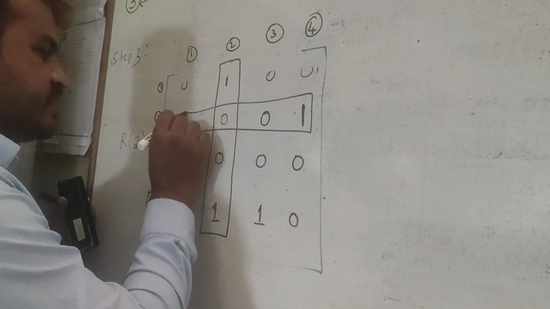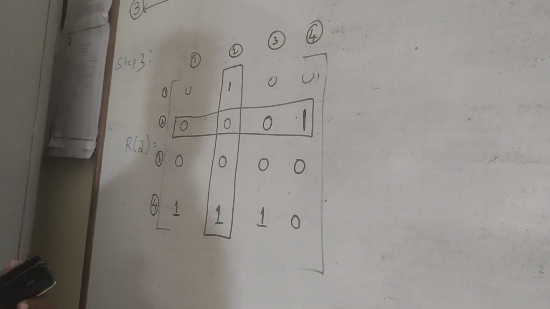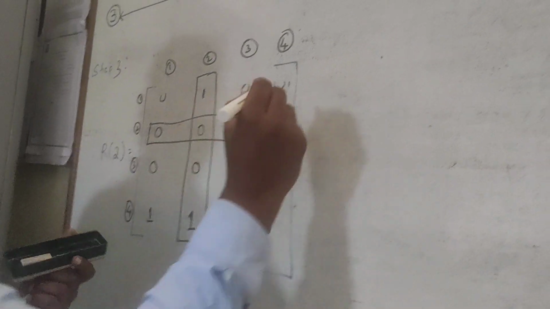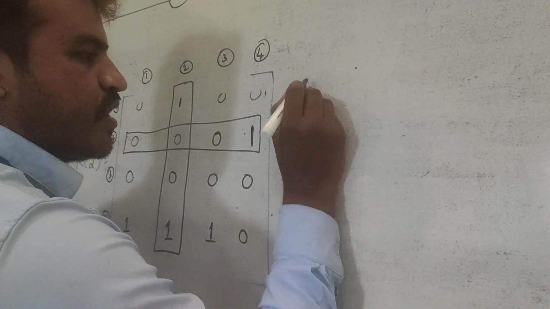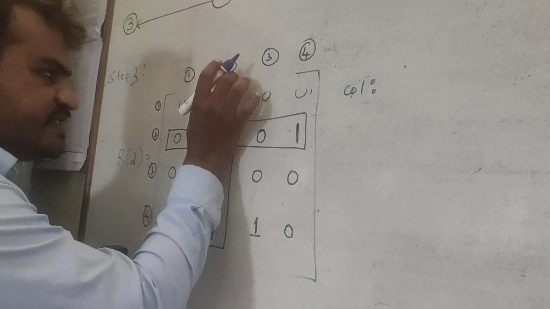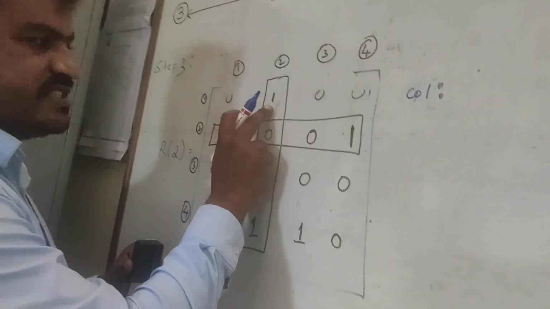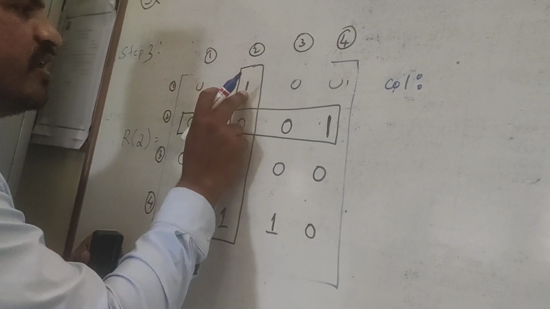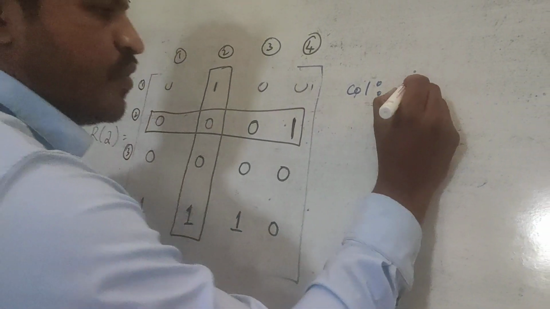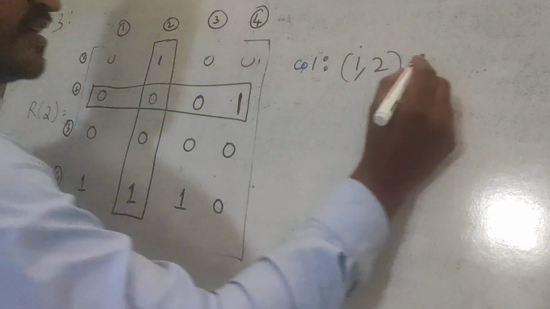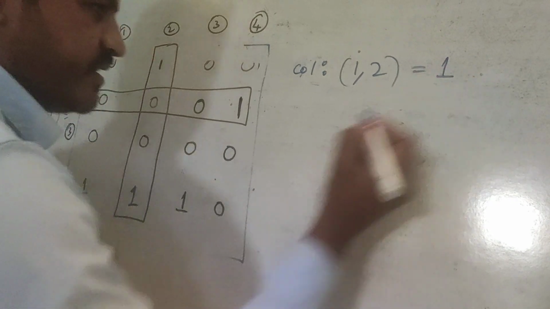First write the column selection. In this column wherever 1 is there, 1 is existing here. What is this position called? 1, 2. There is an edge existing, 1.